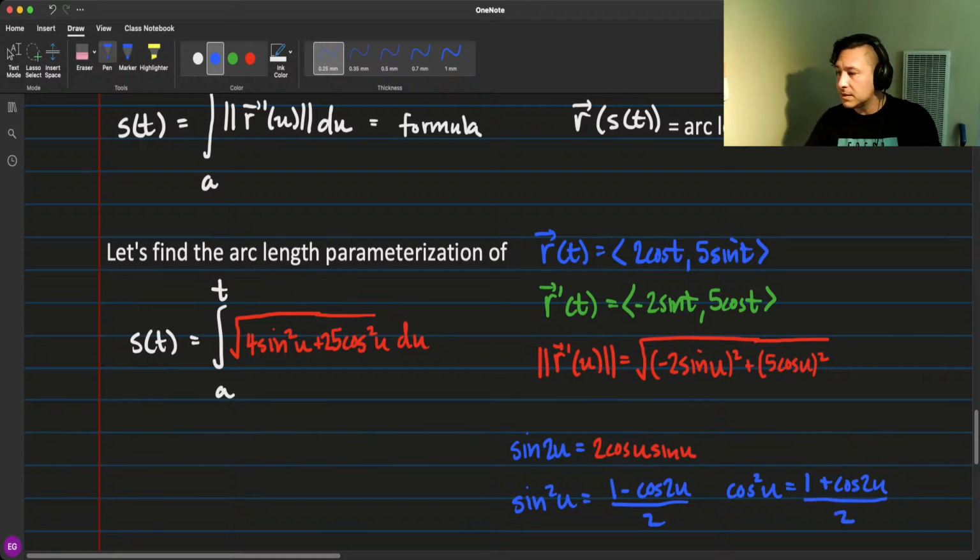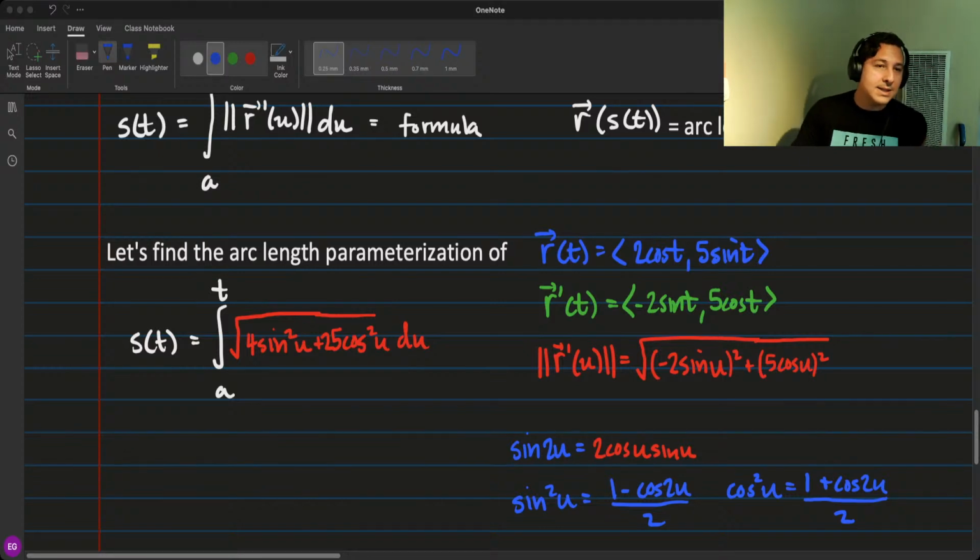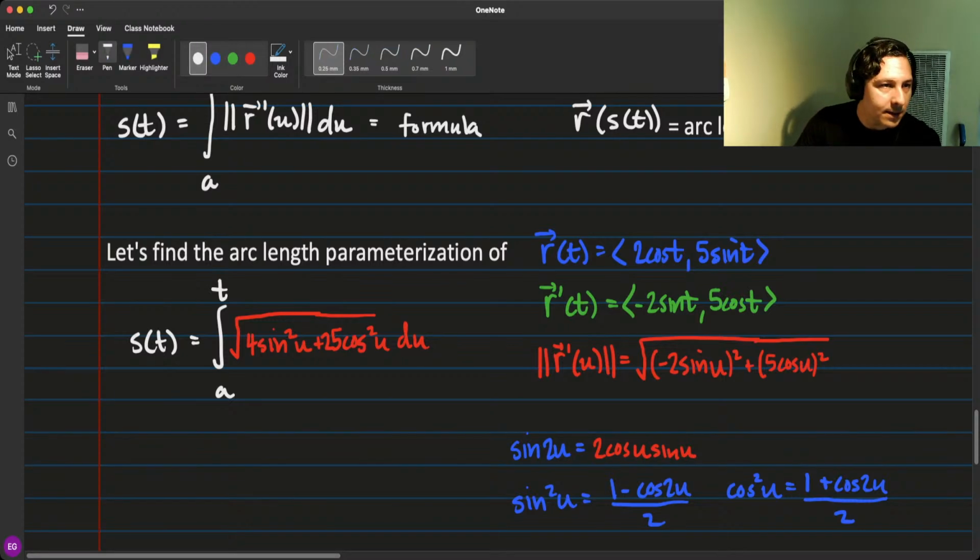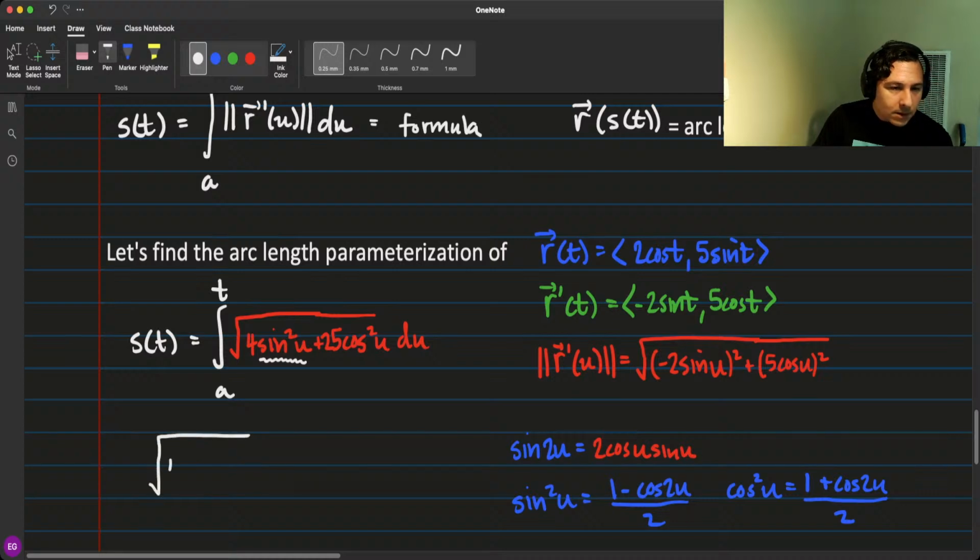Okay, that might help us. So if you wanted to rewrite this, you could replace this sine squared u with 4 times (1 minus cosine 2u) over 2, plus 25 cosine squared u.